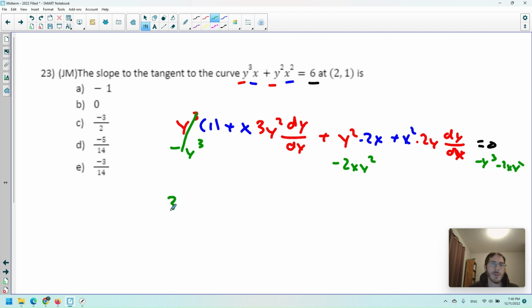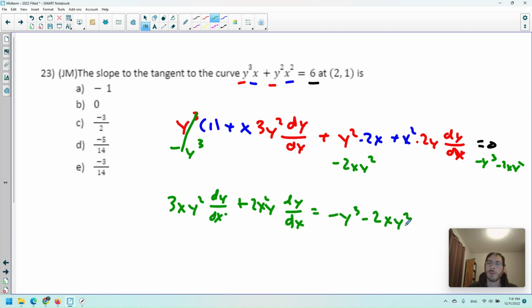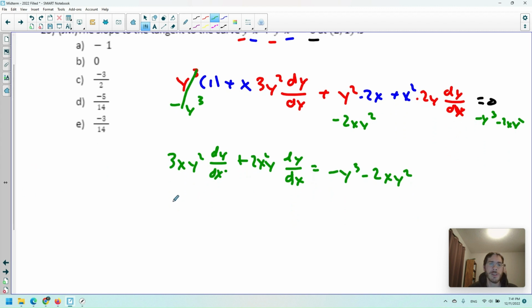So that's going to give us 3xy squared dy dx plus 2x squared y dy dx equals negative y to the third minus 2xy squared. GCF out the dy dx: dy dx times 3xy squared plus 2x squared y equals negative y cubed minus 2xy squared.